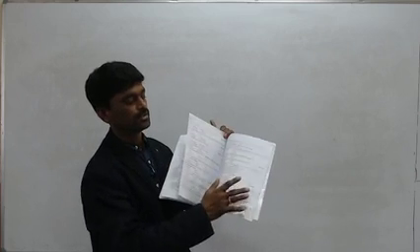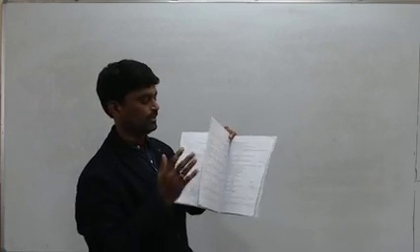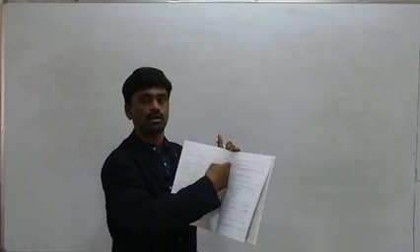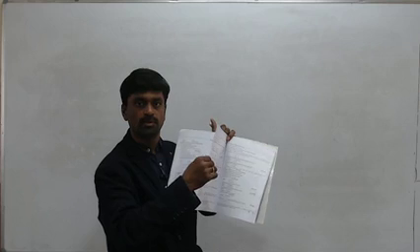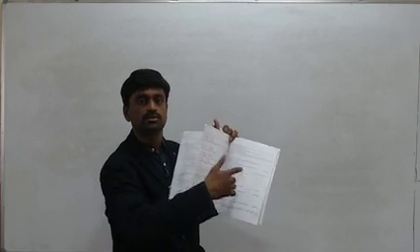Suppose this paper is plane pi 1, this paper is plane pi 2, and this is the line of intersection, and this is pi 3, the plane passing through the intersection of planes pi 1 and pi 2. Like this, how many planes can I draw? Infinitely many planes.